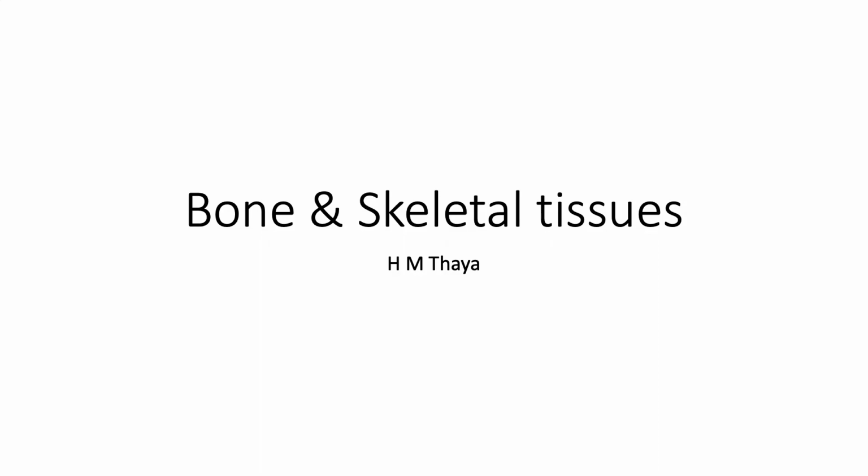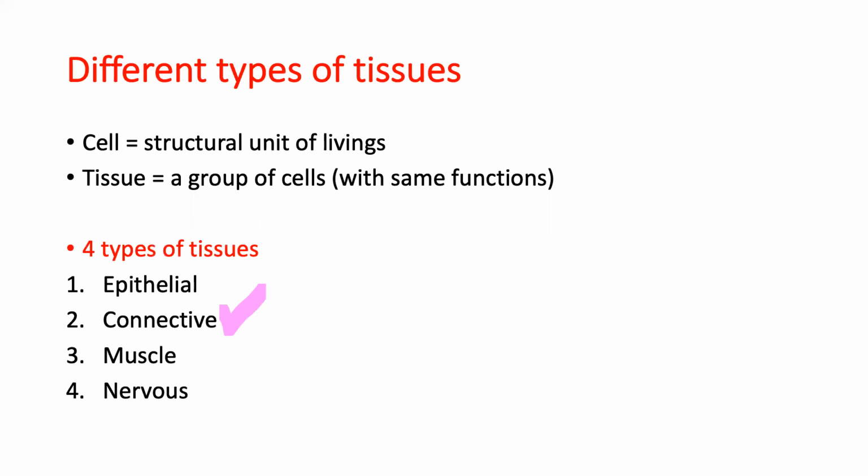This lecture is on bone and other skeletal connective tissues, which are cartilage tissues. As we all know, a human being is made of trillions of cells, and cells with the same functions, once they become a group, we call it tissues.